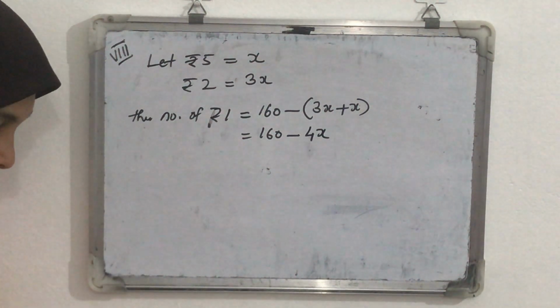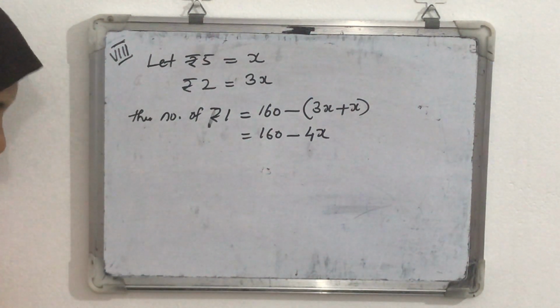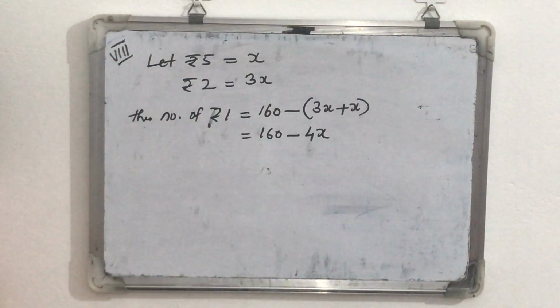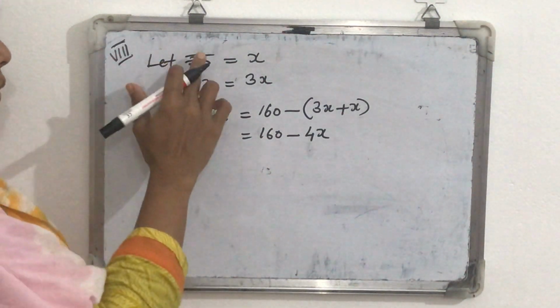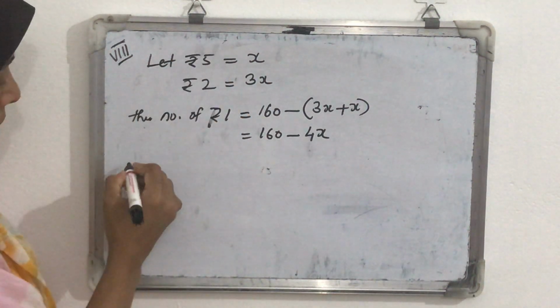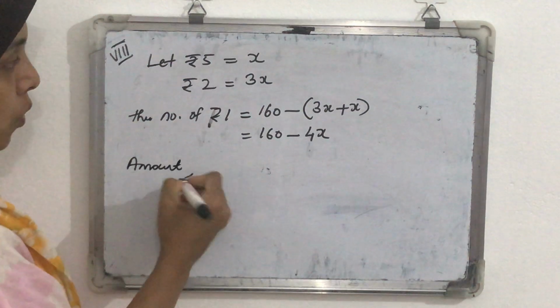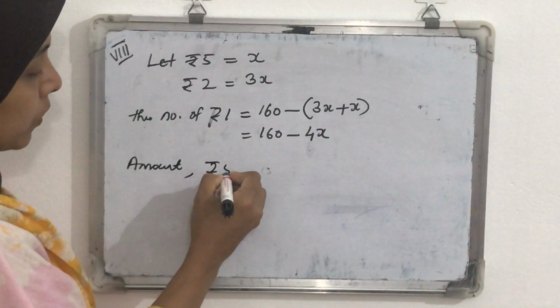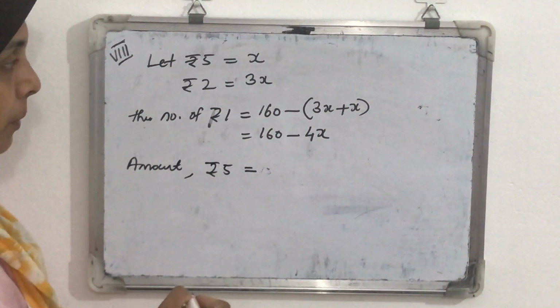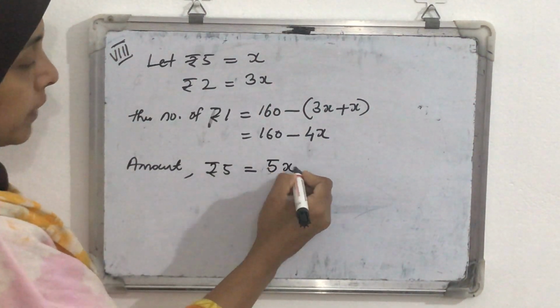Next, from the number of coins we can find out the amount from each coin. The amount from 5 rupee coins will be 5 into x, or 5x.